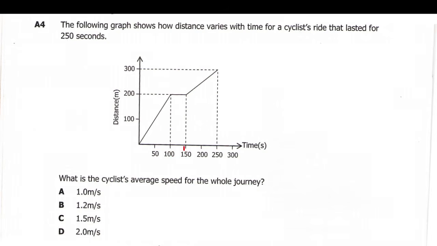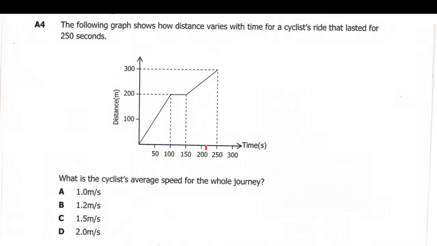So he's still at 100 here. Then from here is when he started moving again. From here to here, it's 50. From here to here, it's 50. So from here to there, it's 100. Then 100 plus 100 gives 200.